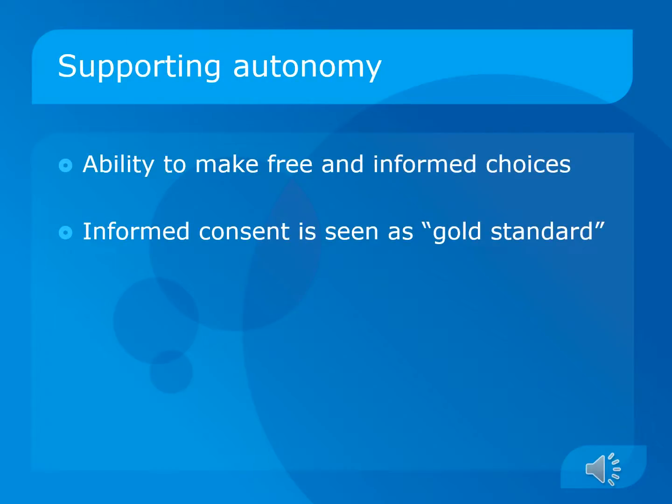Supporting users' autonomy is a very important area. It is very important to respect and support people's ability to make free and informed choices about whether and how they wish to participate in the research that is done by the application. Informed consent has come to be seen as a gold standard for this.